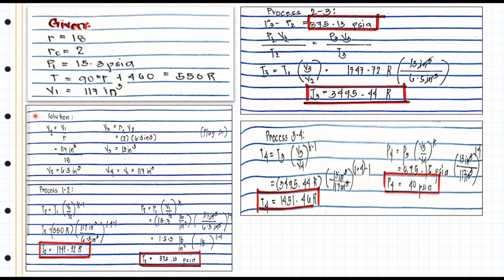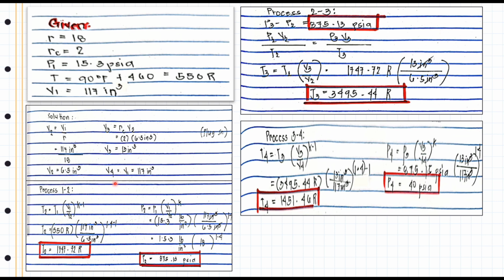So we have here the solution. To solve for V2, we are going to use the formula V2 is equal to V1 over r, so we have 117 cubic inches over 18, so V2 is equal to 6.5 cubic inches. And for V3, we are going to use rc, which is equal to 2 times the V2 of 6.5 cubic inches, so we have V3 of 13 cubic inches.